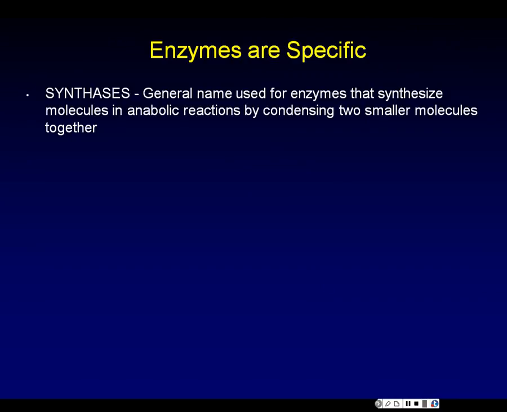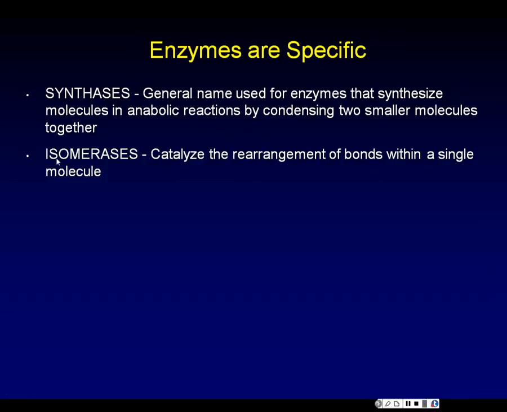All right, so synthesis. Don't write this down. This will not be on your test, but the reason I put it in here is because we were just talking about how enzymes are specific. So we know synthases are involved in what kind of reactions? Synthesis or anabolic reactions. Isomerases, that tells you that we're going to make what?